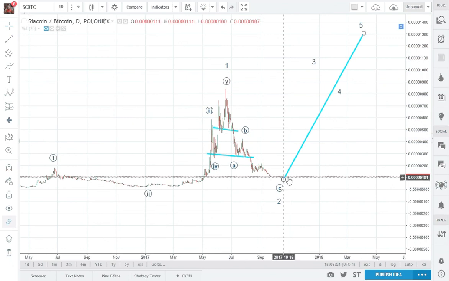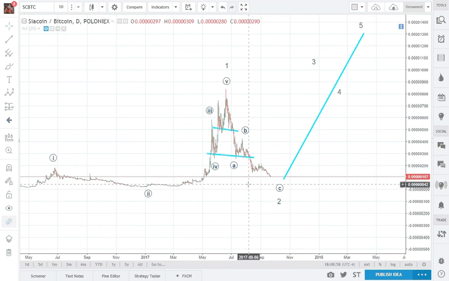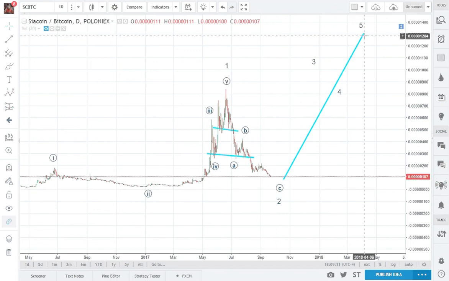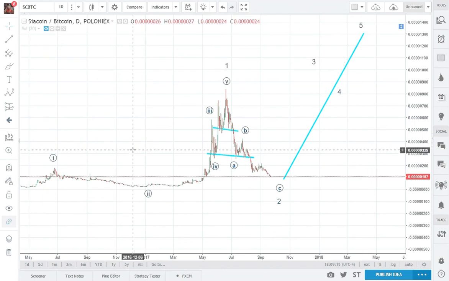So this is a good time to put nice ladders of entry, all spread apart, using your support and resistance levels. And await this rise, which will most likely coincide with that of the Bitcoin. I hope this has been helpful.